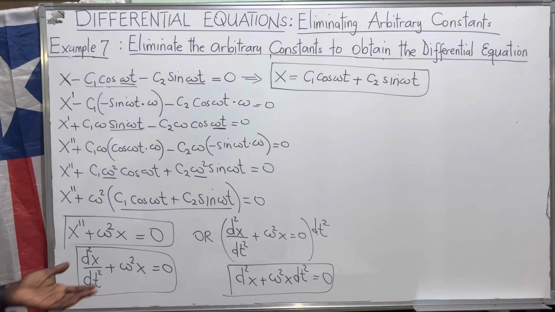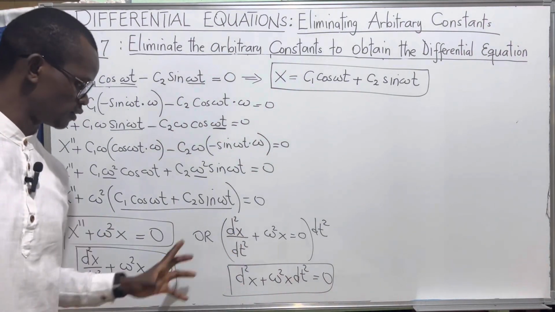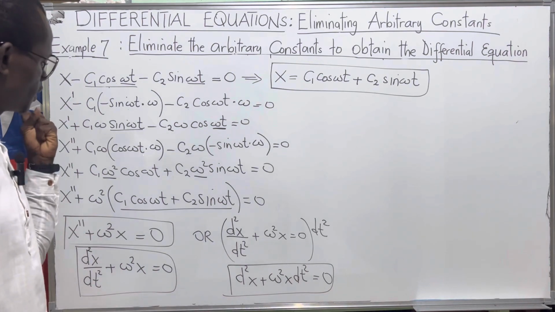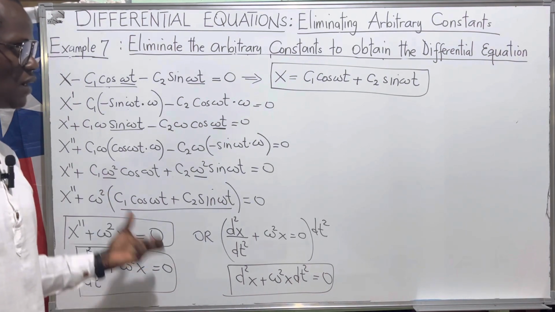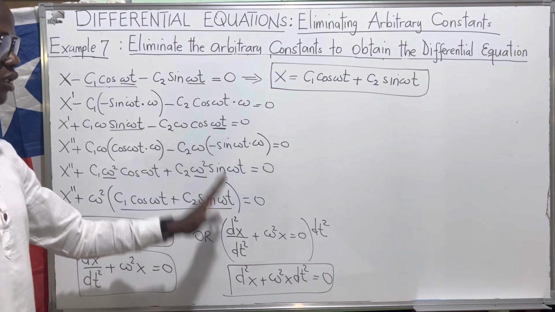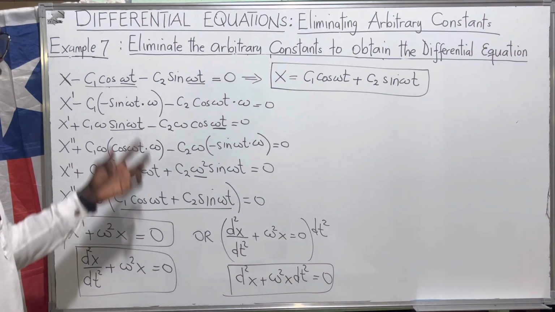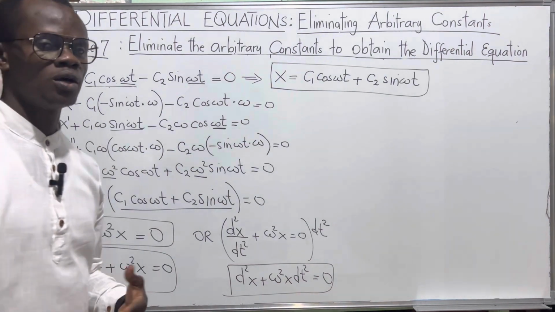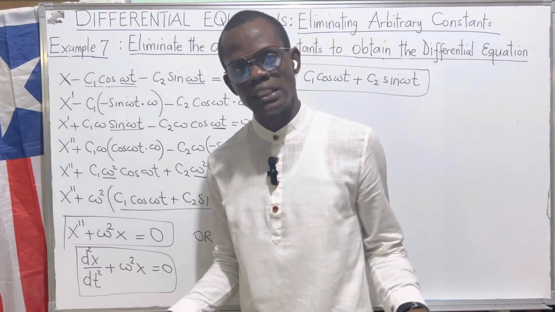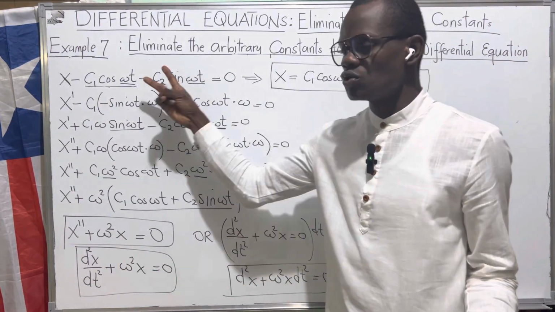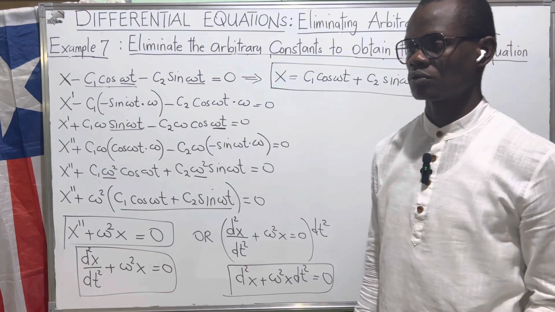So there are many ways we can form it, but the major thing is that we have arrived at our differential equation given this functional relation, or given, quote unquote, the solution to this differential equation.